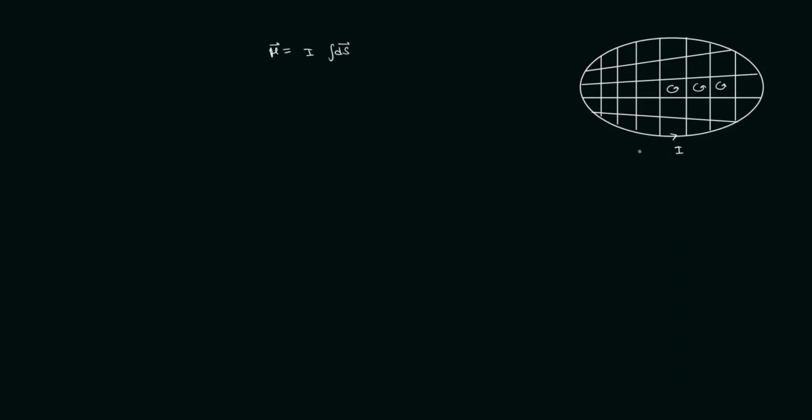So therefore, for a loop of finite size, we can calculate the magnetic moment mu by summing up all the magnetic moments of lots of equivalent infinitesimal current loops which are distributed throughout the area of this loop.